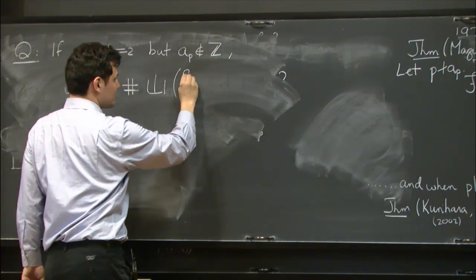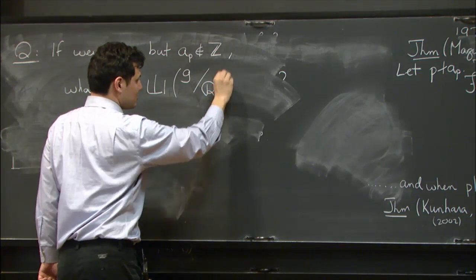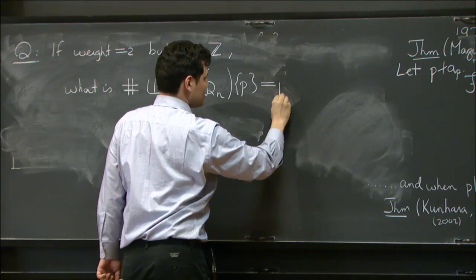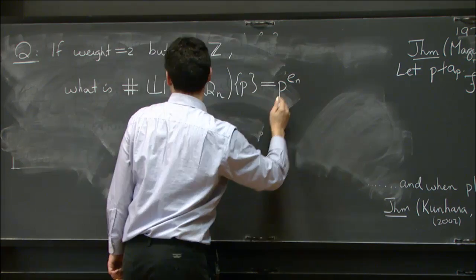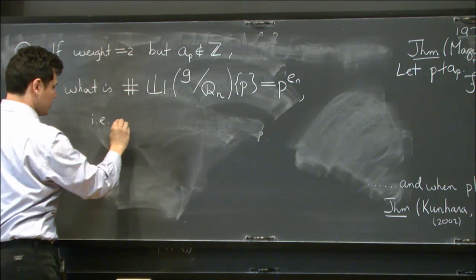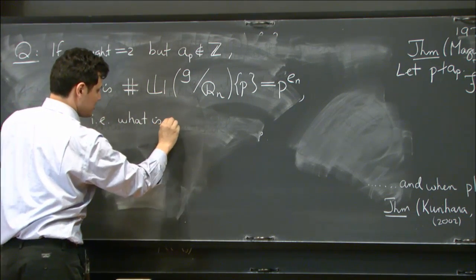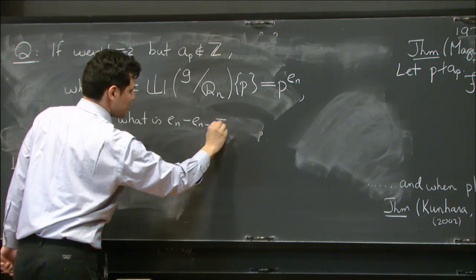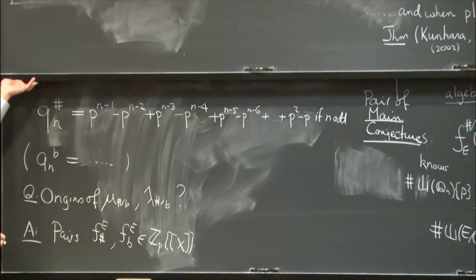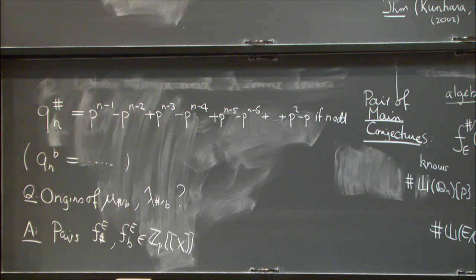Let's call it G over Q_n. You want to look at the P part of this. So what is E_n minus 1 equal to for large n? Well, the answer to this turns out to be very weird. And that's actually the question I have for this talk that I'm not really able to answer.